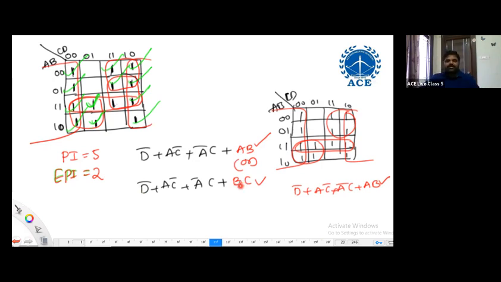Then what do you do? Do you say only one? No. Yes, this grouping is also possible. Then B bar plus AC bar plus A bar C plus BC is another expression. Both are correct.